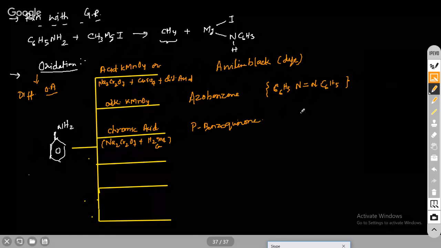The structure is this. Parabenzoquinone is this. Here we have a double bond, here we have a double bond, and here double bond O and double bond O. This is parabenzoquinone.